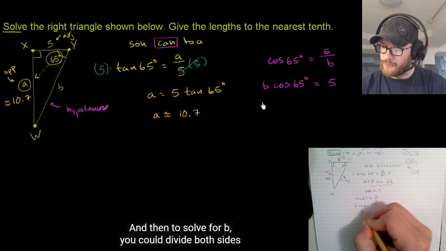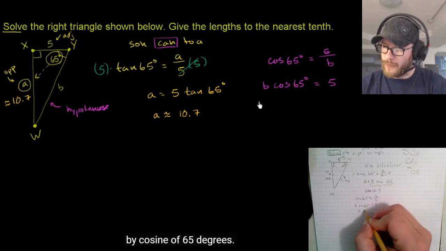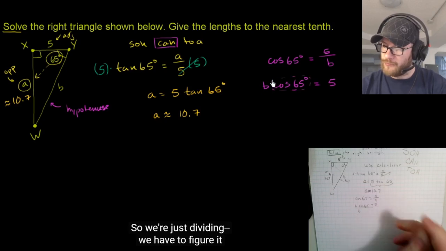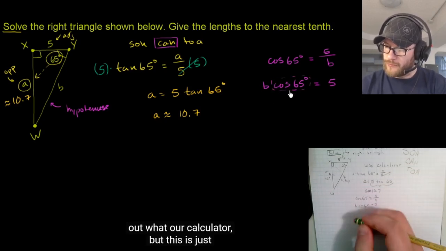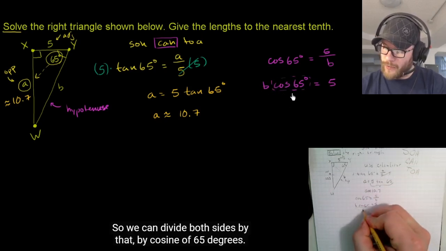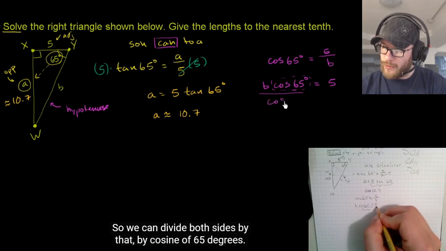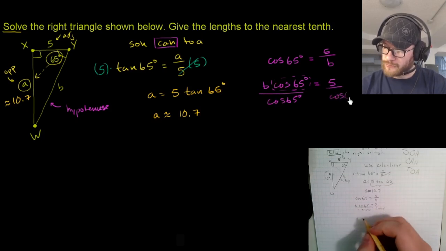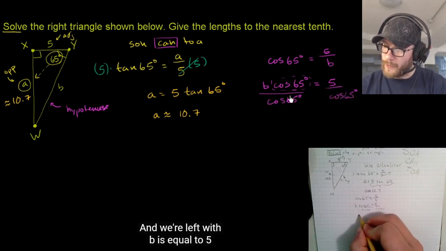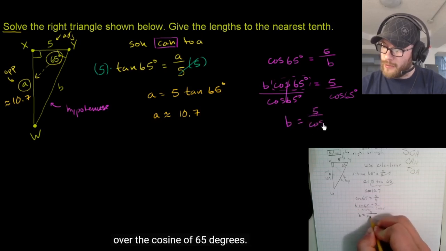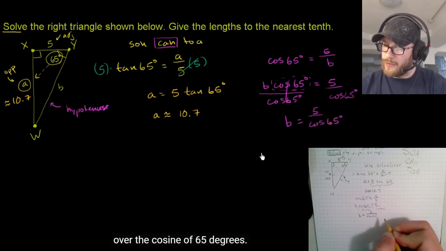Then to solve for b, you divide both sides by cosine of 65 degrees. This is just a number, so we're just dividing. We have to figure it out with our calculator, but this will evaluate to some number. So we're left with b is equal to 5 over the cosine of 65 degrees.